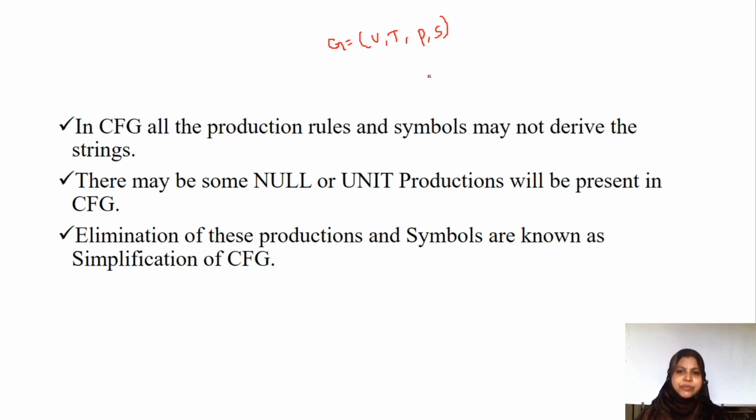By using the productions, the variables and the terminals, we are going to generate the strings, right? But not all the productions are going to generate strings. We have various types of productions, but some of those productions do not generate strings.